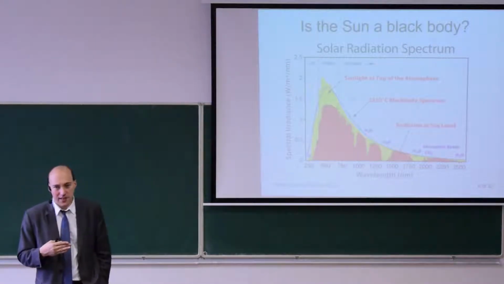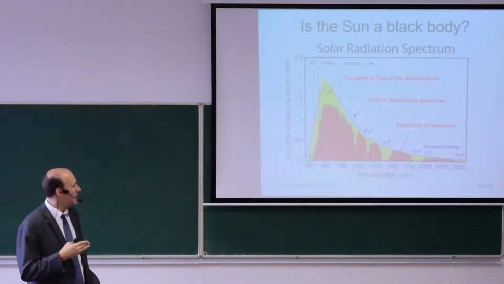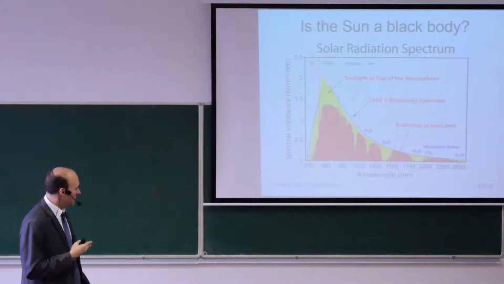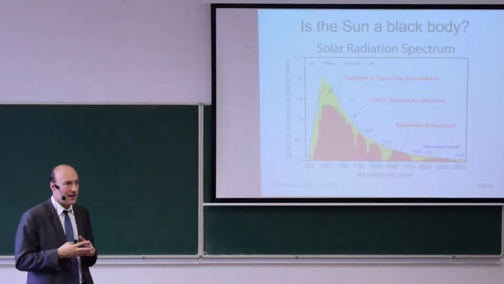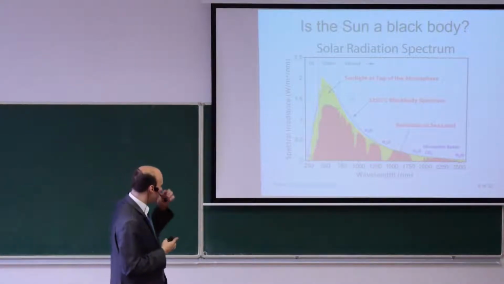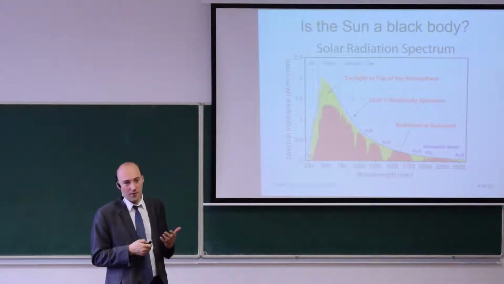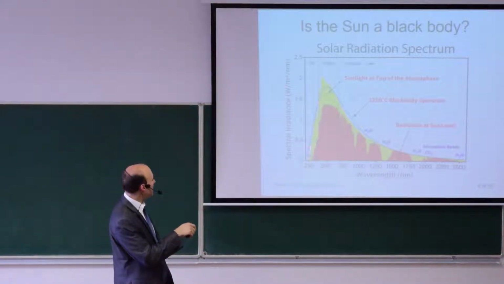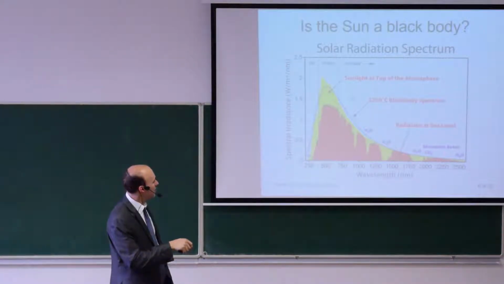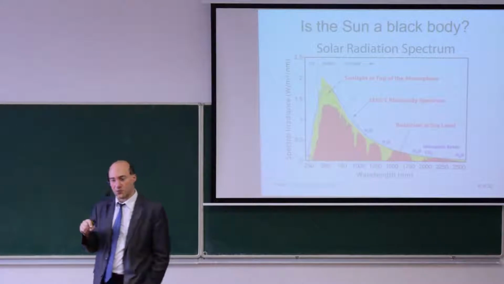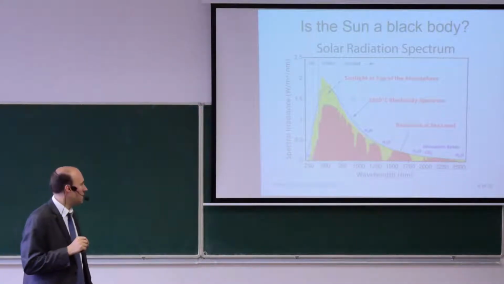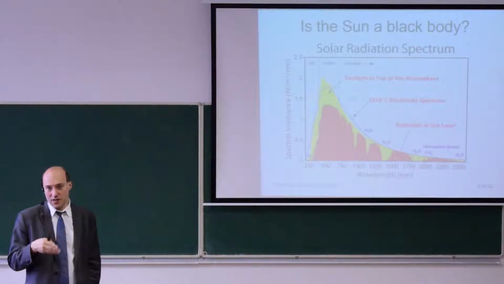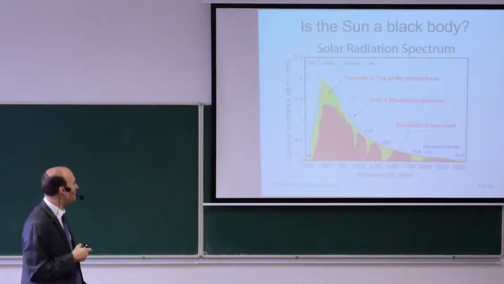But if we do this, we will have different radiation on different wavelengths, and this will not be in complete agreement with the black body model. For example, here, this black curve is the black body spectrum as it would correspond to a temperature of 5250 centigrades, which is the temperature of the sun, as we know.